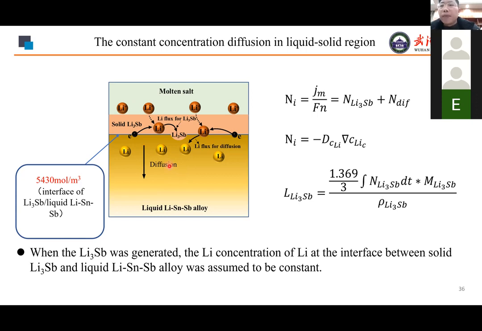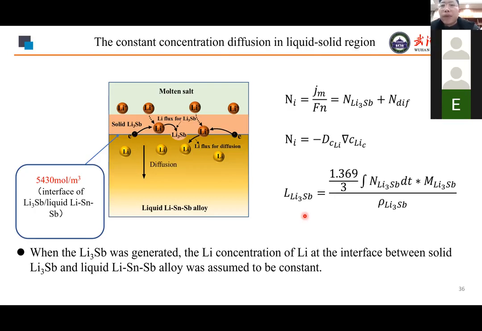Once we know how much lithium flux is for diffusion, the other flux is for forming lithium antimonide, and the growth speed of the lithium antimonide can be calculated.